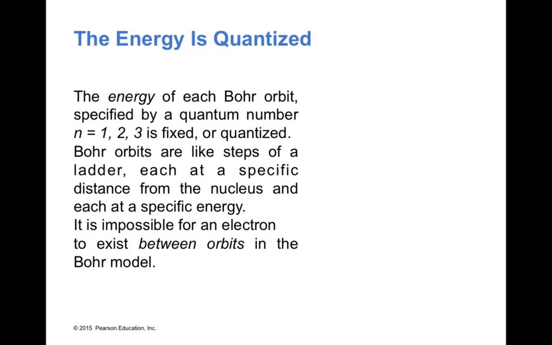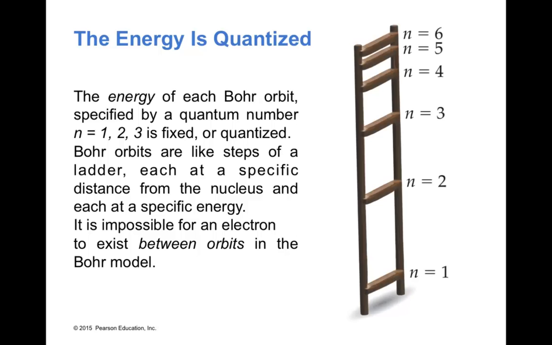The energy of each Bohr orbit, specified by a quantum number n equal to 1, 2, or 3, is fixed, or quantized. Bohr orbits are like steps of a ladder, each at a specific distance from the nucleus and each at a specific energy. It is impossible for an electron to exist between orbits in the Bohr model.